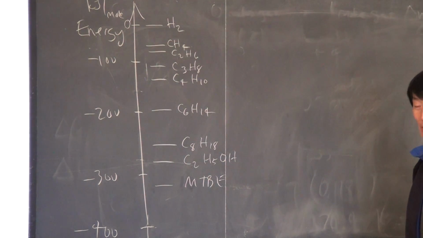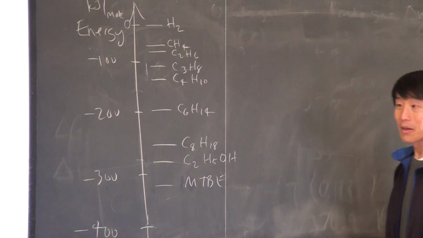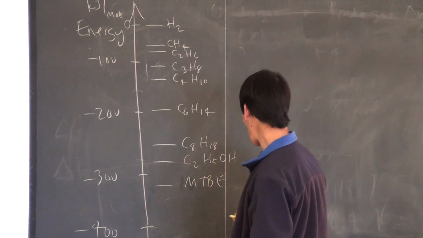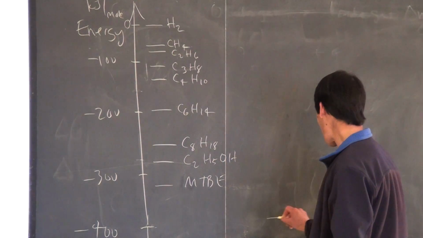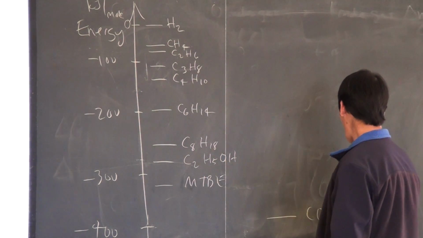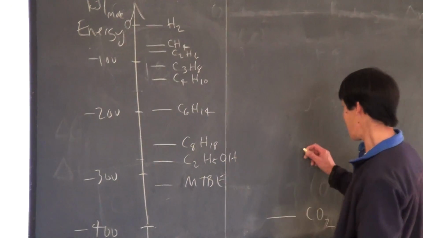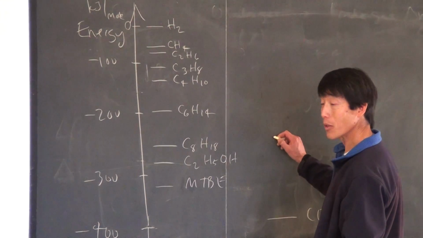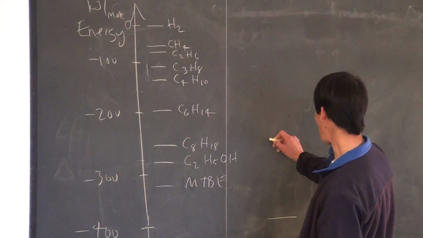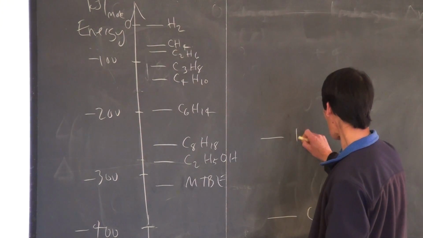So for CO2, let's put it over here. That's equal to minus 393.5. And then for H2O gas, that's equal to minus 241. So negative 241.